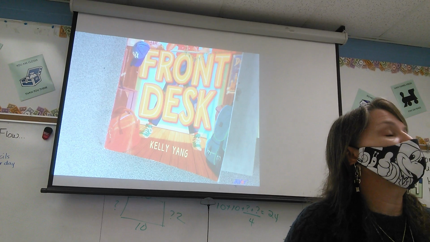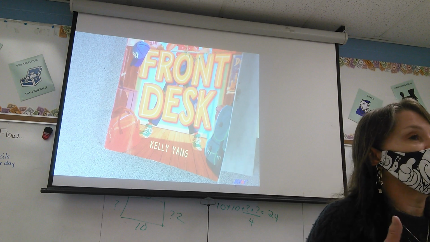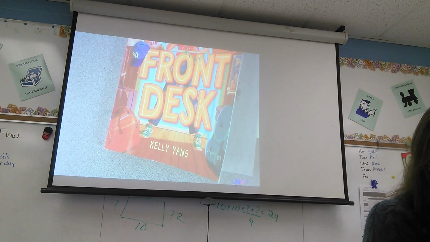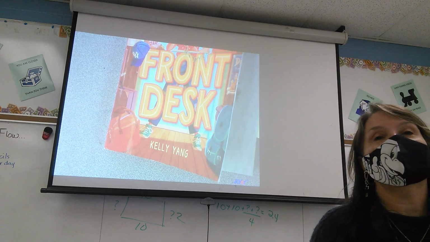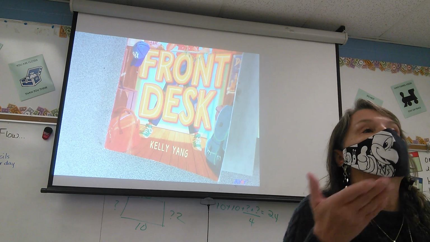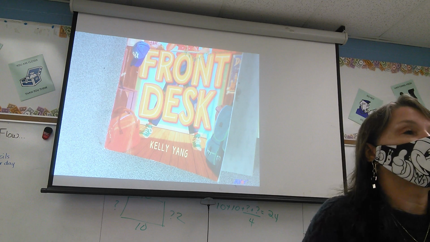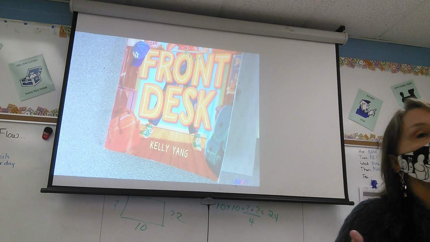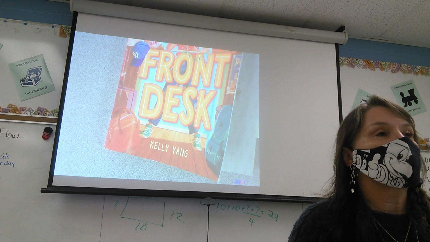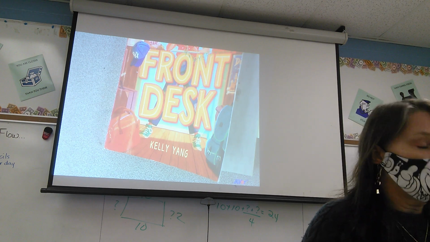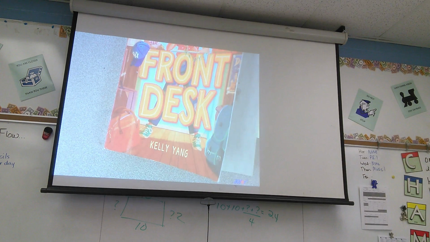We know that he is the same age as Mia. And we later find out that he is in school in the same class as Mia, and he's the only other Chinese student in 5th grade. So when we're paying attention to characters, we want to gather those details and infer.